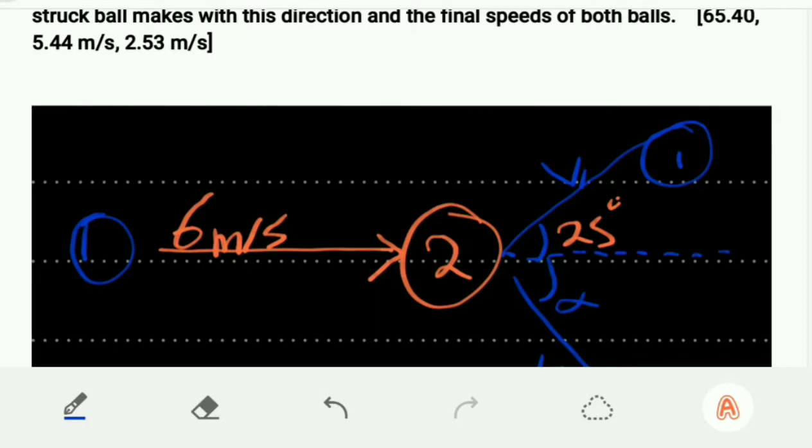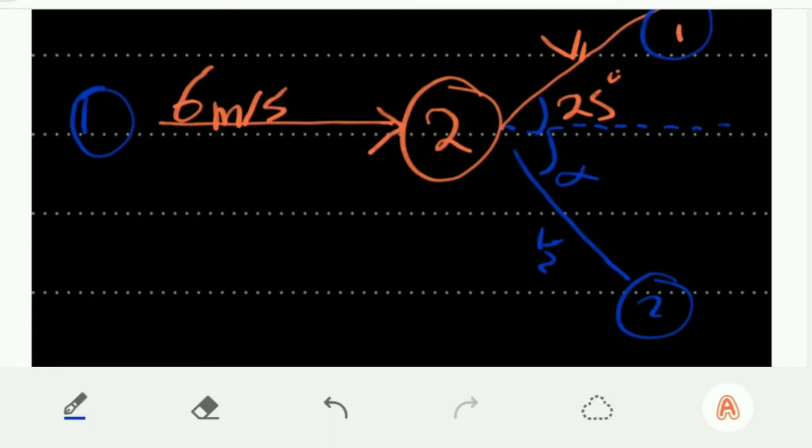So it's going to end up somewhere there, right? As it moves like that, it's going to have some final velocity, and the other ball which was at rest, after being hit, also does not move in the original direction of x, but makes an angle alpha with respect to the original direction.